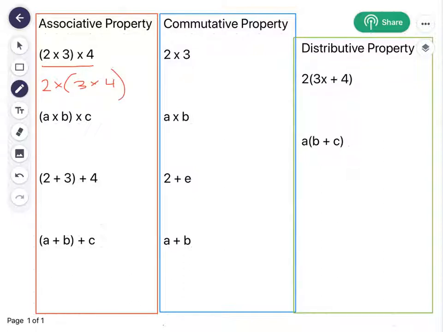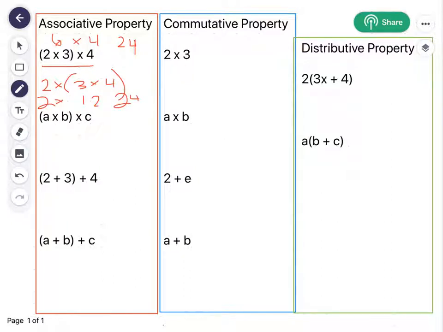Okay, and how I know that's the same? Well, 2 times 3 is 6 times 4 is 24. And in the other problem, 3 times 4 is 12, so 2 times 12 is also 24.